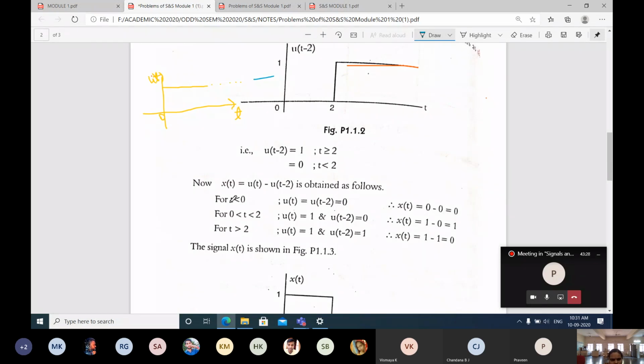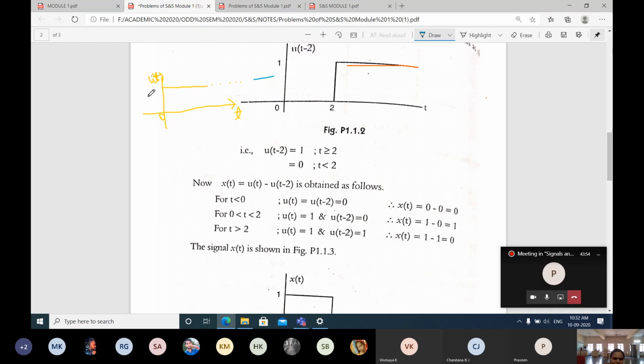For time t less than 0, for both signals, is there any signal here? We don't have any signal here. At t less than 0, we don't have any signal, right? So u of t and u of t minus 2 are both going to be taken as 0 only.